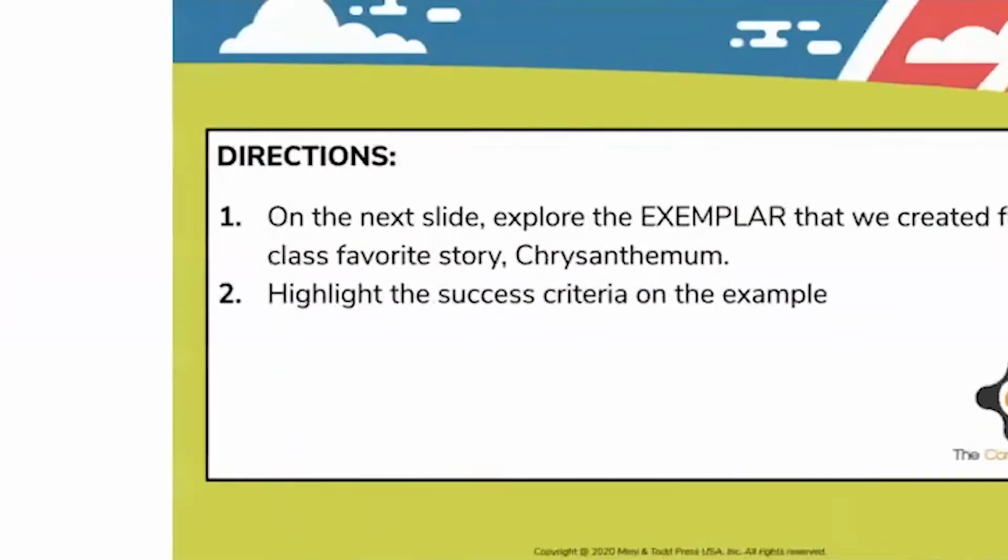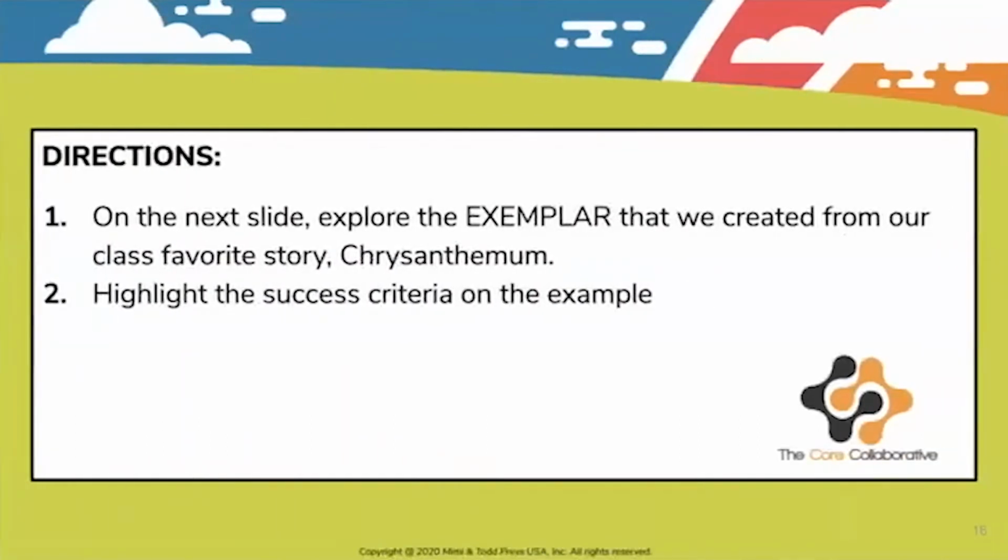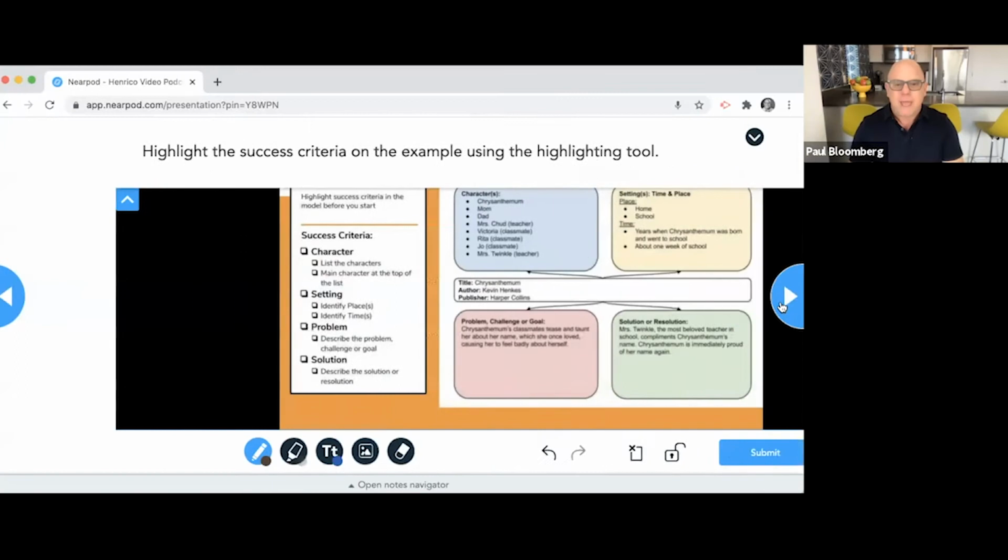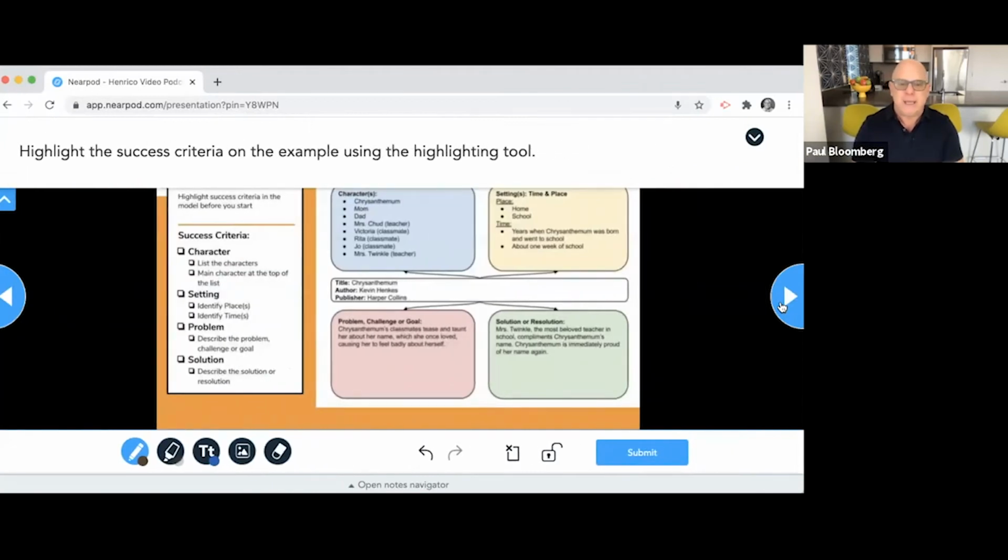So in this next section, it's telling them on the next slide, they're going to be able to explore an exemplar. And it's asking them to highlight the success criteria on the example. And so right here, you can see we've used the draw feature of Nearpod, and it gives the directions on the top: highlight the success criteria on the example using the highlighting tool.